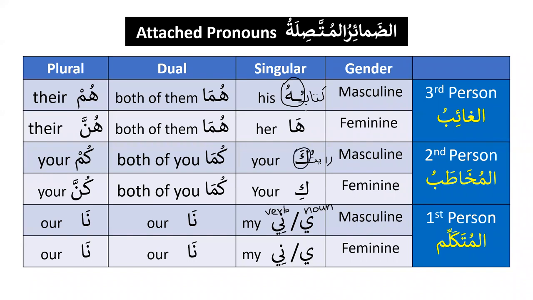When they are used with the noun, they are always mudaf ilayh. And when they are used with the preposition, for example, fiha, they are always majroor. So they are mudaf ilayh, they are majroor, and they are maf'ul bihi, or the object of the verb.